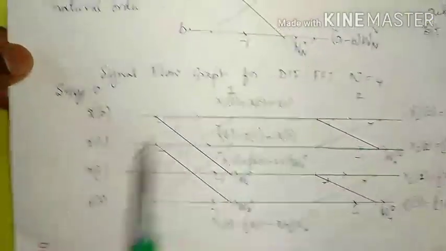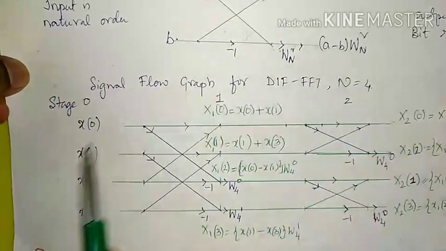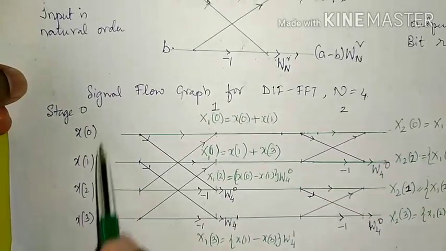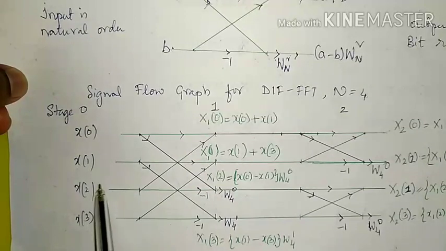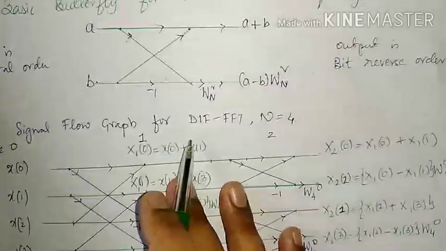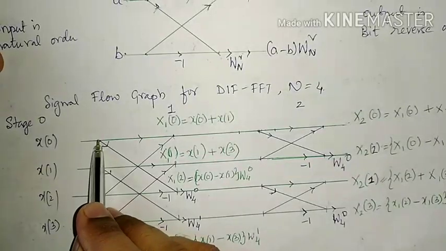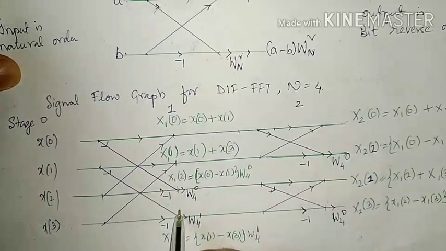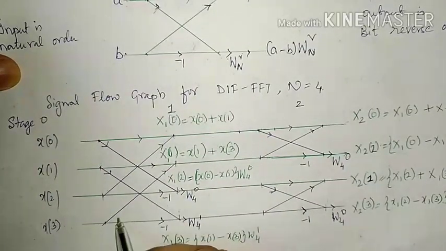So the same structure, the signal flow graph for DIF FFT with N equal to 4. Stage 0, 1, 2. The input is natural order, small x of 0, small x of 1, 2 and 3. Now you have to join first line to the third line, second line to the fourth line, and third line to first, fourth line to second.